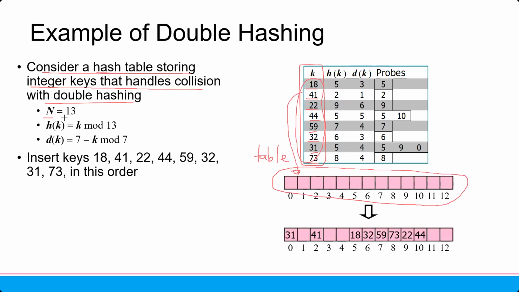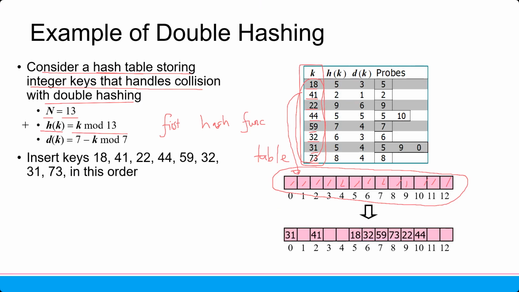Now we have n equals 13. What does it mean? We have 1, 2, 3, 4, 5, 6, 7, 8, 9, 10, 11, 12, 13. Okay, we have 13 spaces. And then we have the key k. This is the first hash function: we want to use k mod 13.